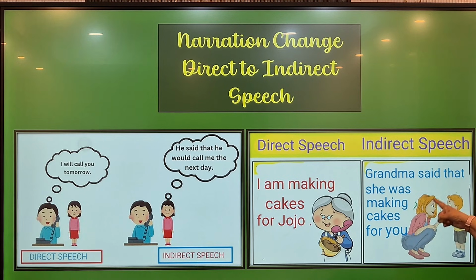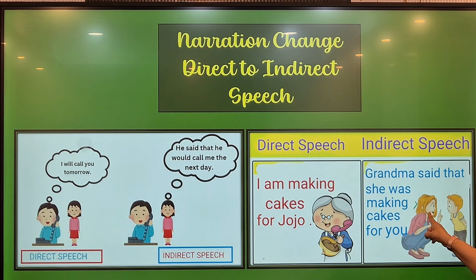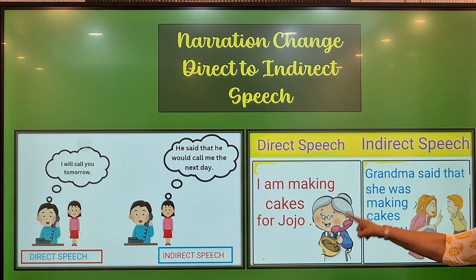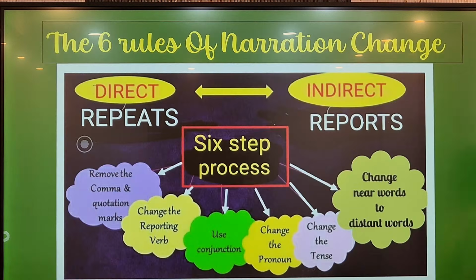And when Jojo's mother speaks to Jojo, she says, Grandma said that she was making cakes for you. So Grandma is calling Jojo's mother to say that, and Jojo's mother is reporting what Grandma said to her to Jojo. So there is a difference in the ways of speaking.